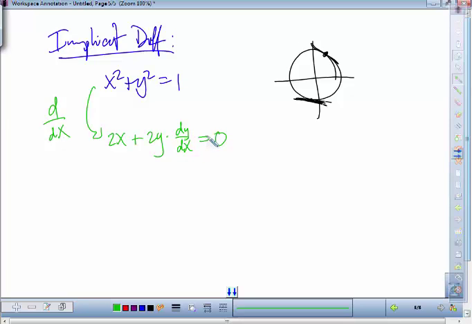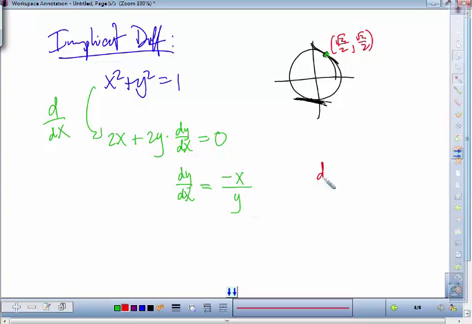So this is what we did back in calculus. And then we solve for dy/dx. We bring the negative x to the other side, divide by y, and cancel out the 2. Now this gives us our derivative, which means if we have a point here at root 2 over 2 comma root 2 over 2, for example, we can find the slope by putting it into this equation.